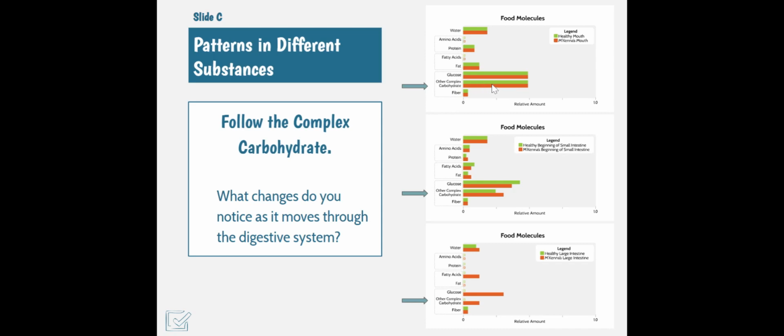So complex carbohydrates are the same in the mouth for both. And then when I move to the beginning of the small intestine, I have my complex carbohydrates are going down. So lots of glucose, less complex carbohydrates. And then when I get to the large intestine, for the healthy person, the complex carbohydrates and the glucose are both gone, but not so for McKenna.